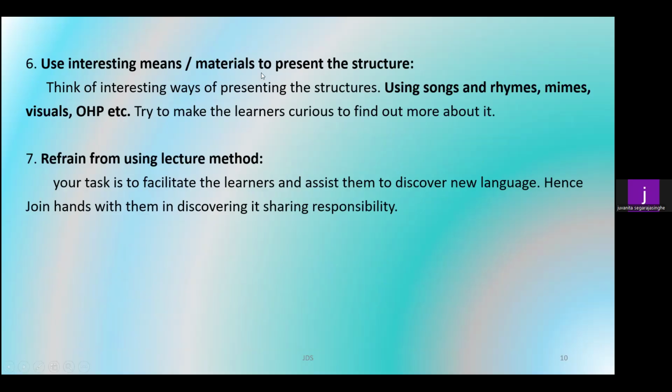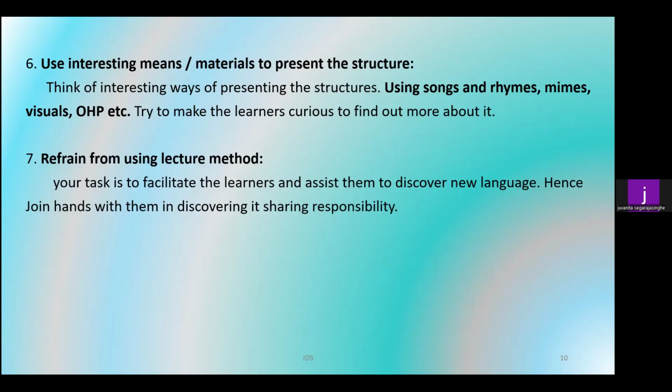Use interesting material to present the structure, contextualizing. It can be a video clip. It can be a song or maybe a colorful poster. Or else if it is going to be a discussion or brainstorming, then a very interesting topic can be used.